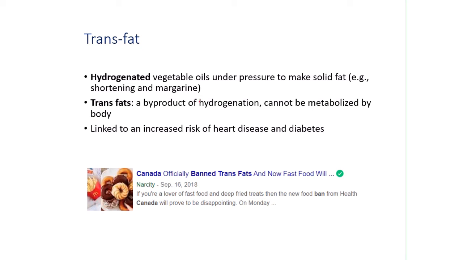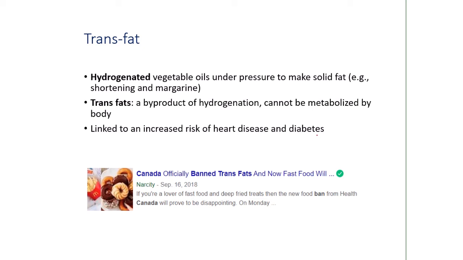But as a byproduct of this hydrogenation, you will generate trans fat, and we don't have the necessary enzymes, the chemicals, to break down trans fat in the body, and so they just keep on building up inside us, and consumption of trans fat has been linked to increased risk of heart disease and diabetes.